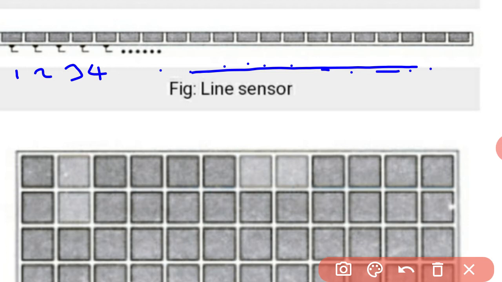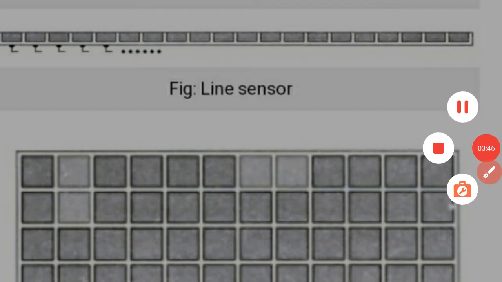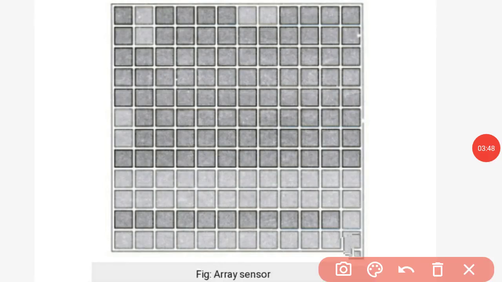we can prefer a sensor called an array sensor. And the third one, this bottom one, is our array sensor. How many sensors are there? Sensor 1, sensor 2, sensor 3, sensor 4, and 5, 6, 7 and 8.